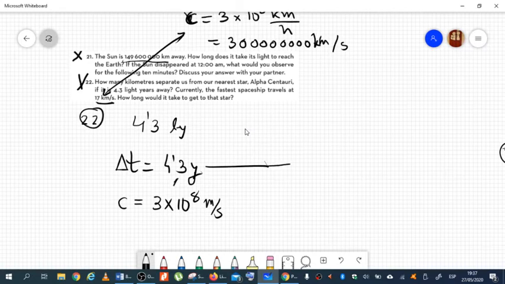This is the time taken, 4.3 years. Let's calculate it in meters or in kilometers.